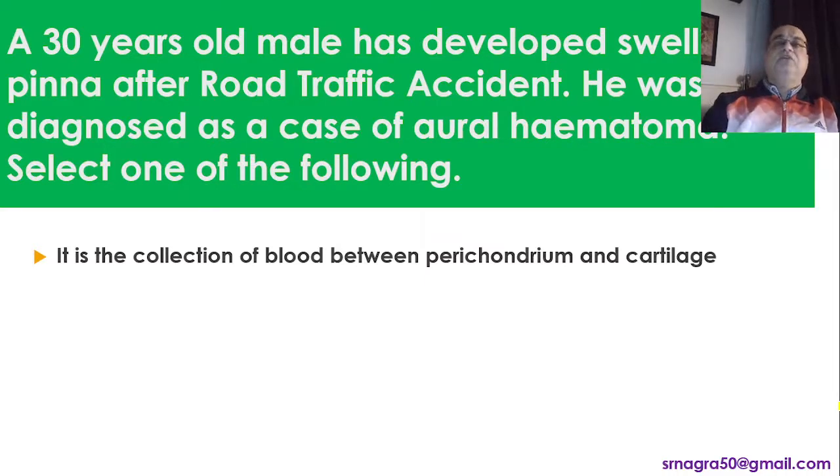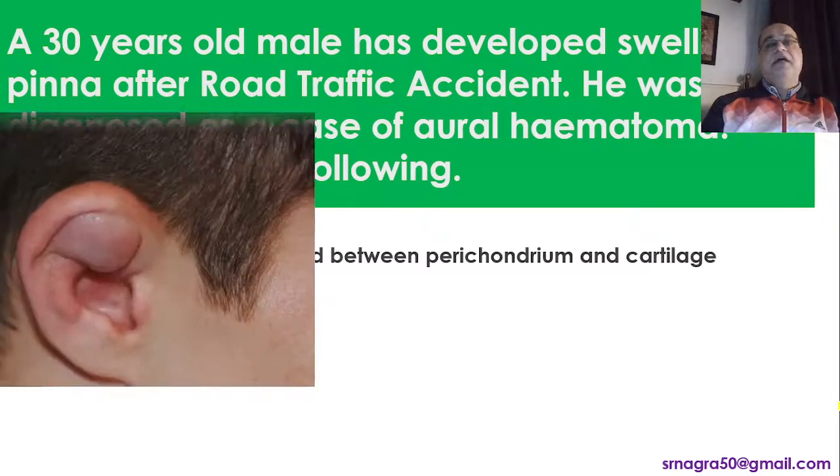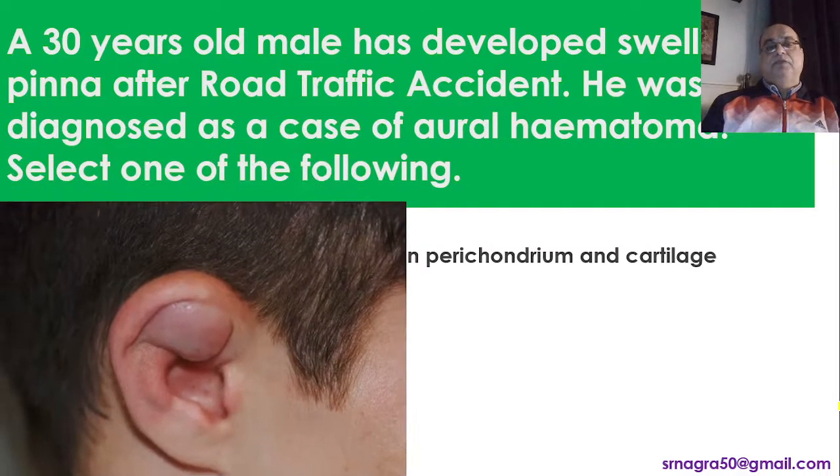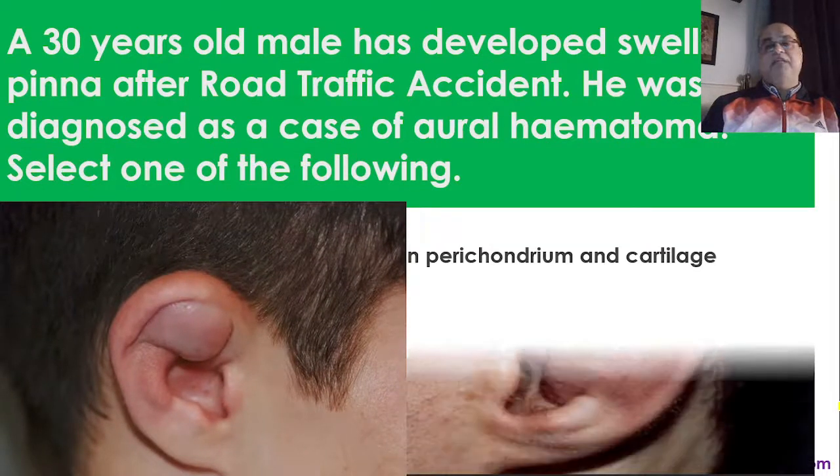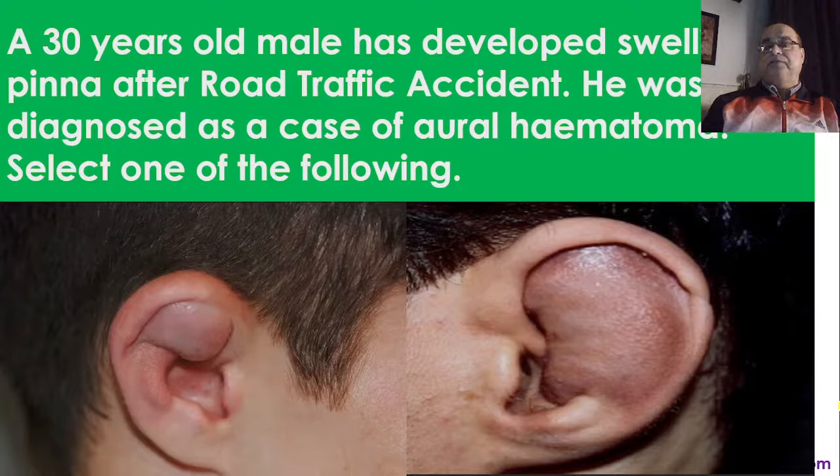Similarly, in case of nasal septal hematoma, there is a collection of blood between the mucoperichondrium and the underlying cartilage. As you can see, this is basically between the mucoperichondrium and underlying cartilage.